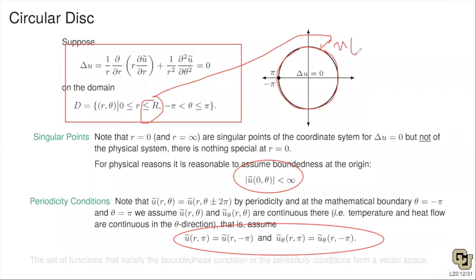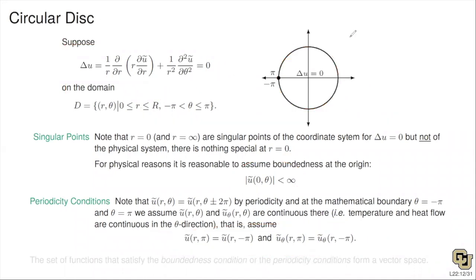So u of capital R, theta, that's the other piece of information that we need, and this is a crucial piece of information. Now think like a Fourier series. When you want to figure out your coefficients, we always use some kind of extra data on the boundary, right? So it's this data on this boundary that's going to allow us to find our coefficients in our Fourier series. Not initial conditions, there's no time here.